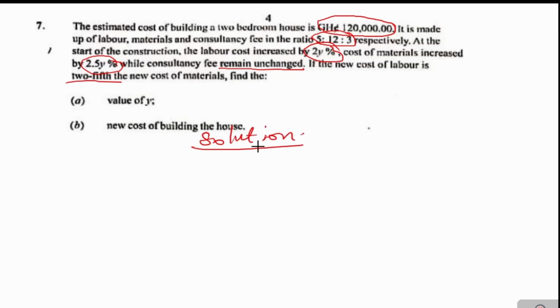We have to find the value of y, and they've given us a ratio of the cost of the various components of the building against the estimated cost of the building. So it will be advisable for us to first find the total ratio, and the total ratio is 20, and this will help us find the respective estimated cost of labor, material, and consultancy.